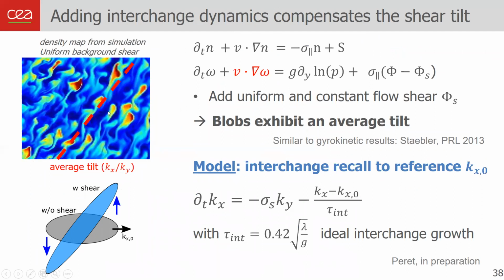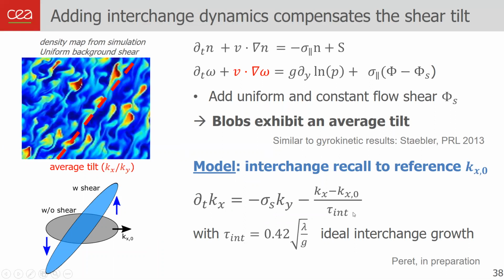And it was quite a struggle to move from this Kelvin or tilt instability to this interchange dynamics with shear, where blobs simply follow an average tilt. This is in fact because interchange tries to move blobs back to the reference K0, which is along the major radius. So you have competition between the shear tilt, which is progressive in time, and the interchange recall that forces a blob to come along the major radius.